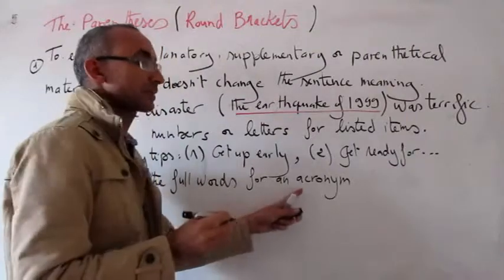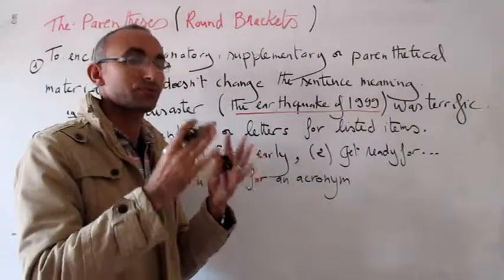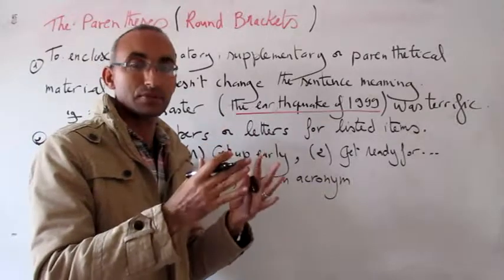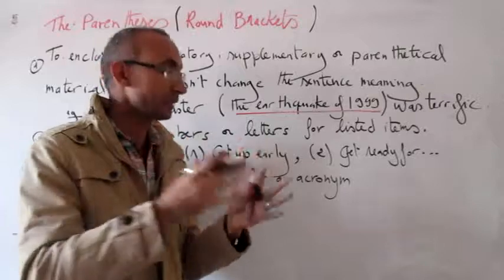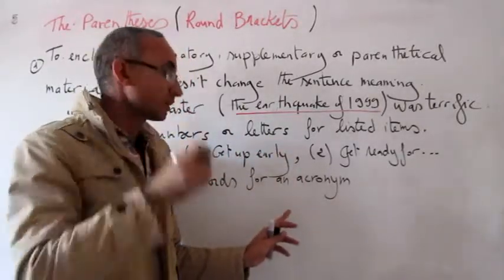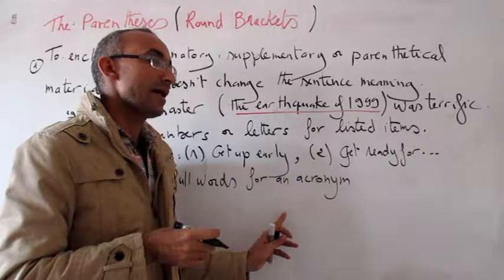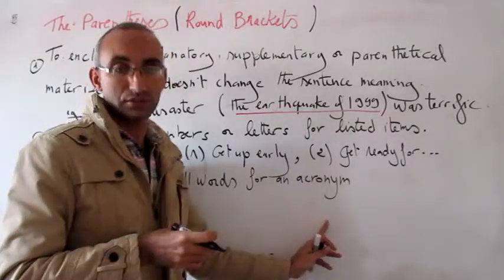Acronym is what? An acronym is an assembly of the first letters of a group of words which come together. We put them in the form of one word. Like, for example, FBI, Federal Bureau of Investigation.